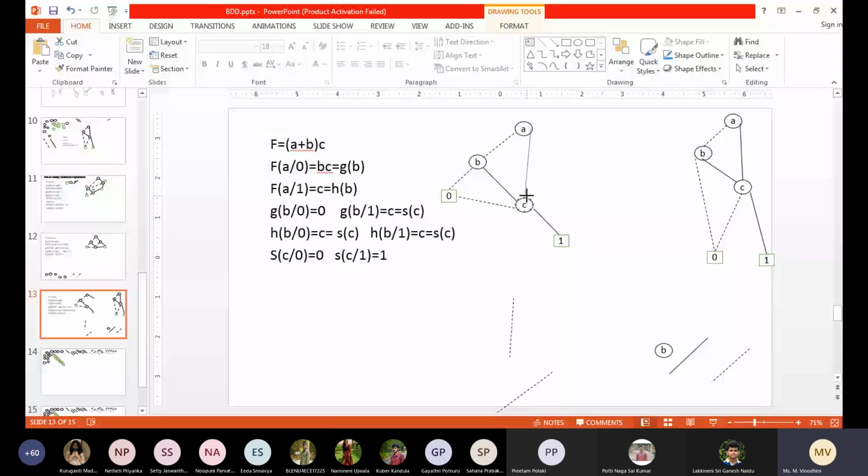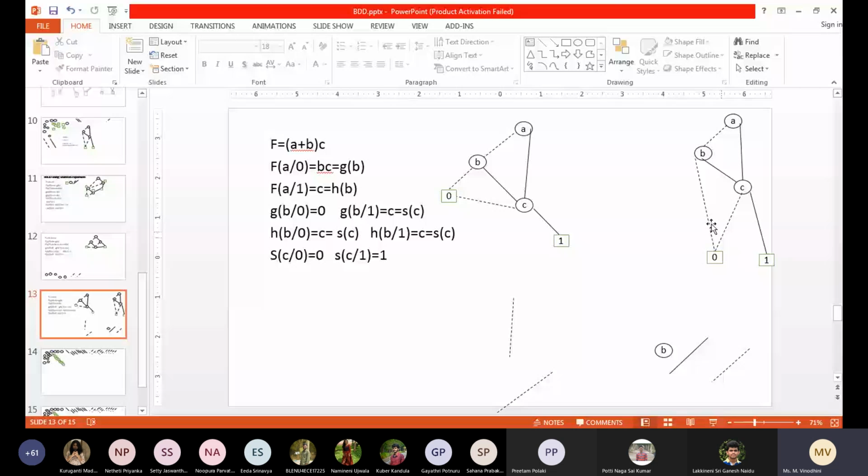Is this and this diagram resembling the same? Yes, ma'am. Now is it clear, students, how to solve it using the rules R1, R2, R3 and using Shannon's expansion method? Yes, ma'am.